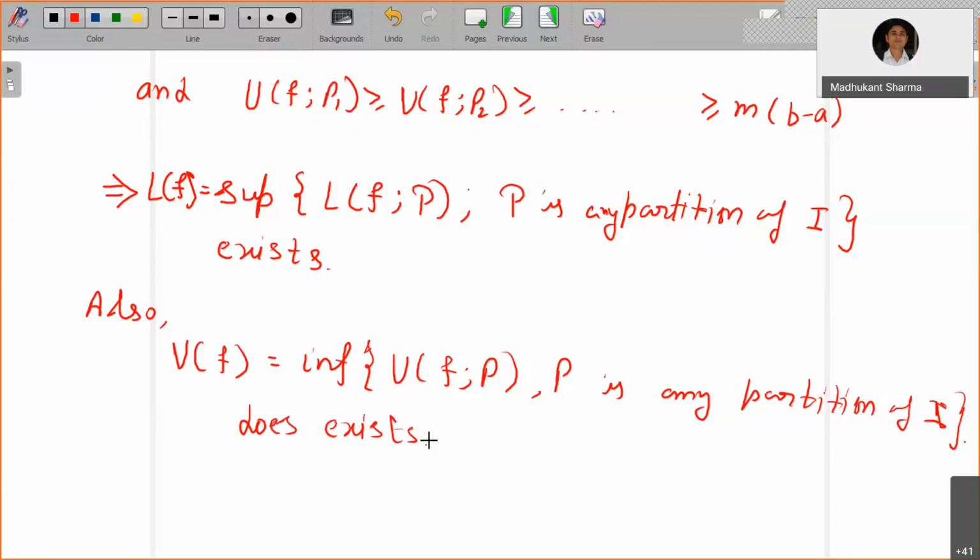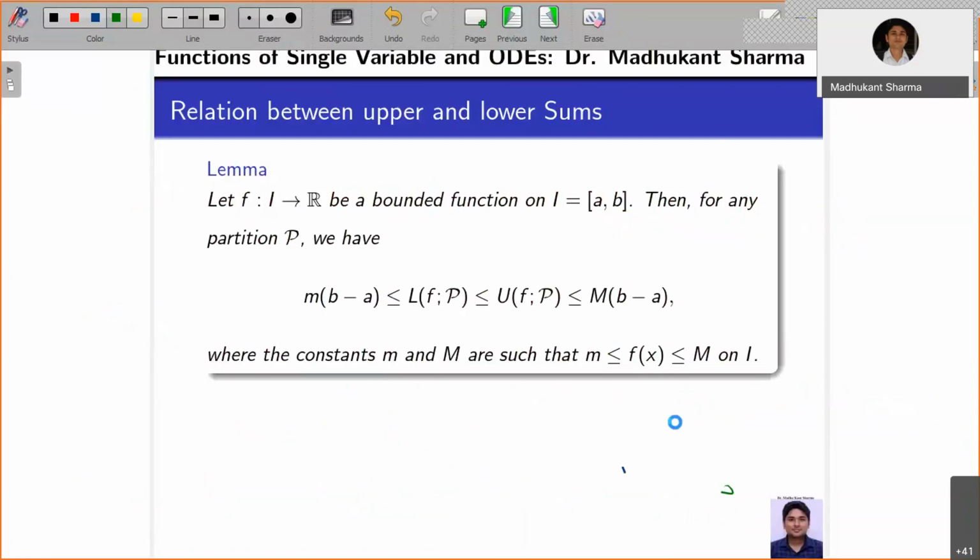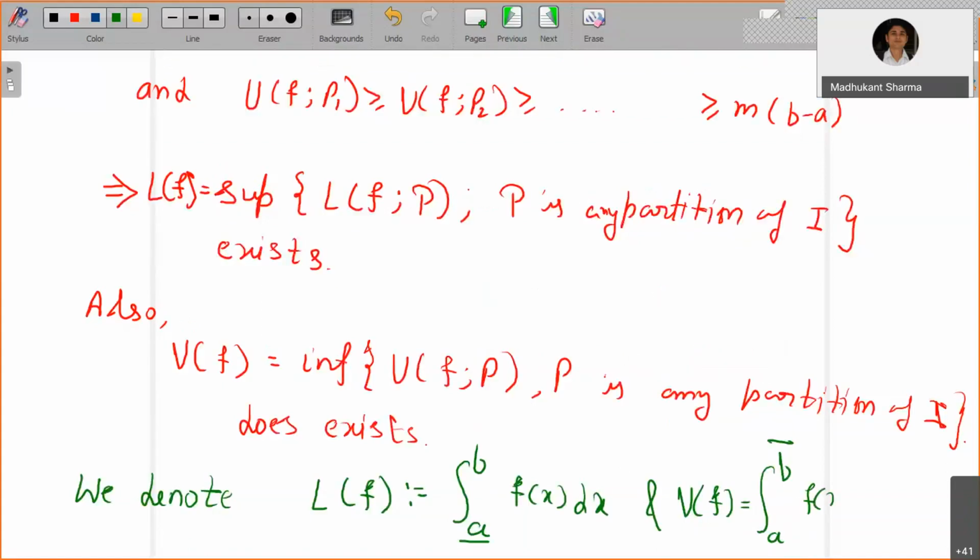And we denote Lf as the integral from A to B of f of x dx, the lower Riemann integral, and Uf as the integral from A to B of f of x dx with a bar on top, called the upper Riemann integral. Okay, so that's the notation.